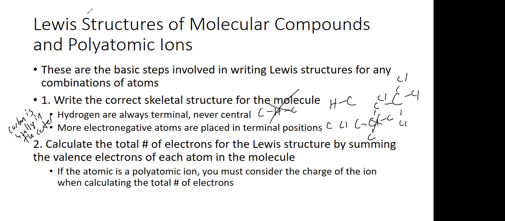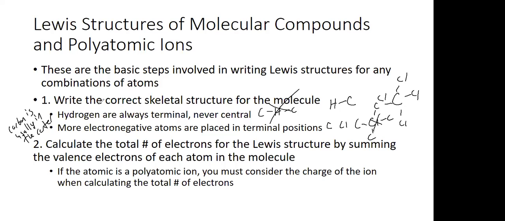When we're doing this, we want to always be aware of the number of electrons for our Lewis structure, and that we have the correct number of electrons. I often see people not include all the electrons, or include more electrons than they should.